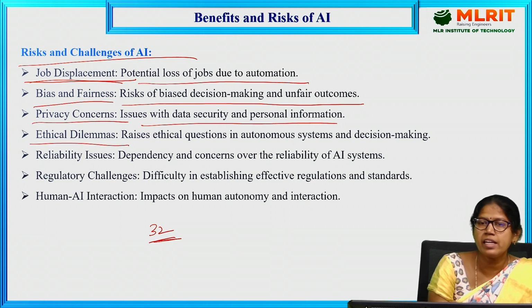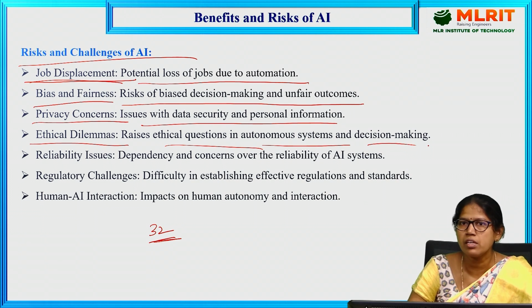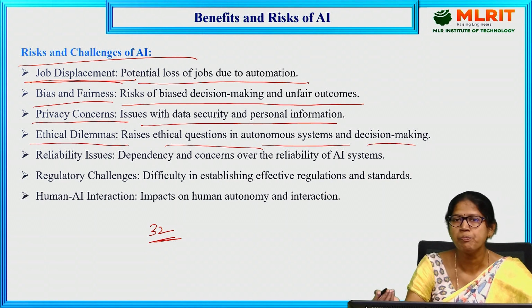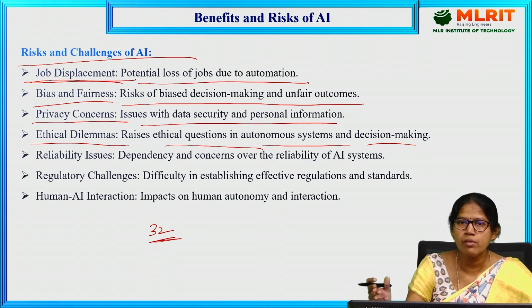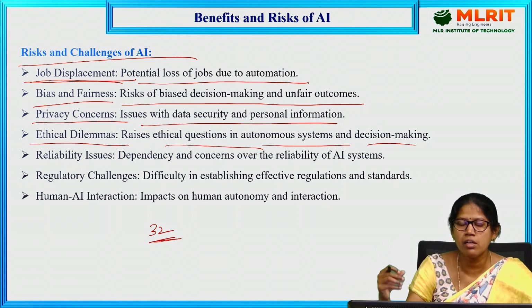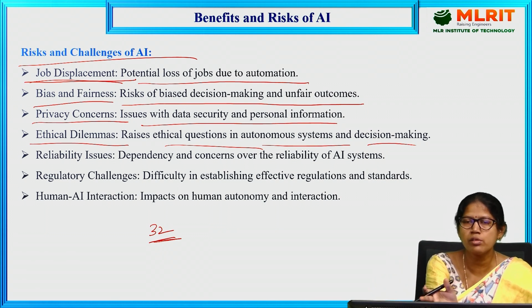Next, ethical dilemmas. Raises ethical questions in autonomous systems and decision making. For example, autonomous self-driving cars. If there is a divider, otherwise the car is going to hit the divider. To protect the passenger in that car, the car is going to hit people on the side, or it is going to hit the divider.